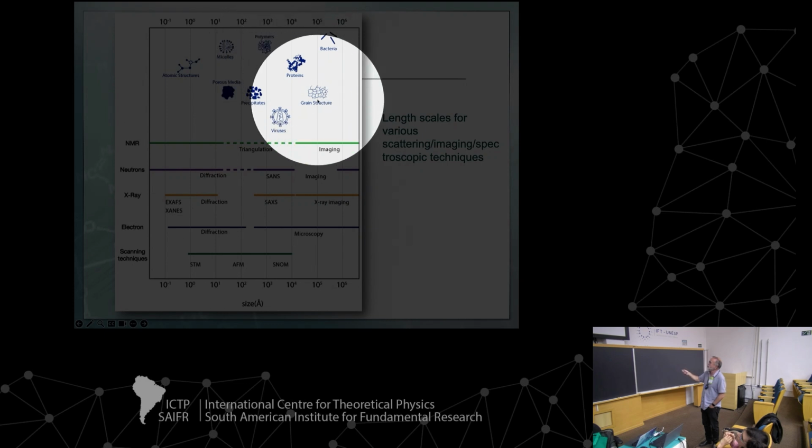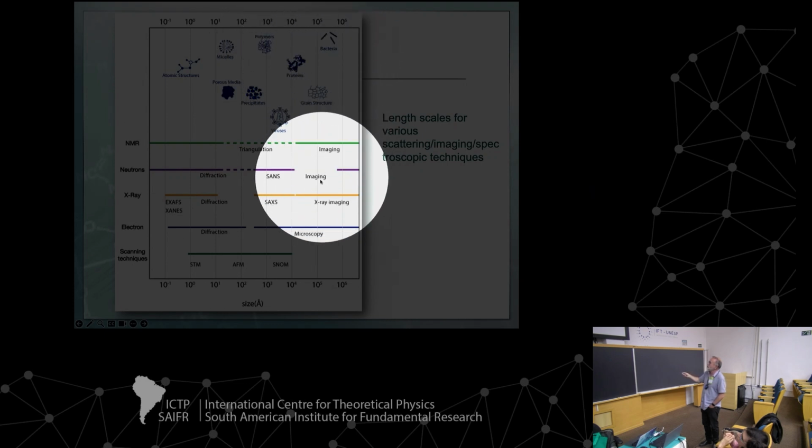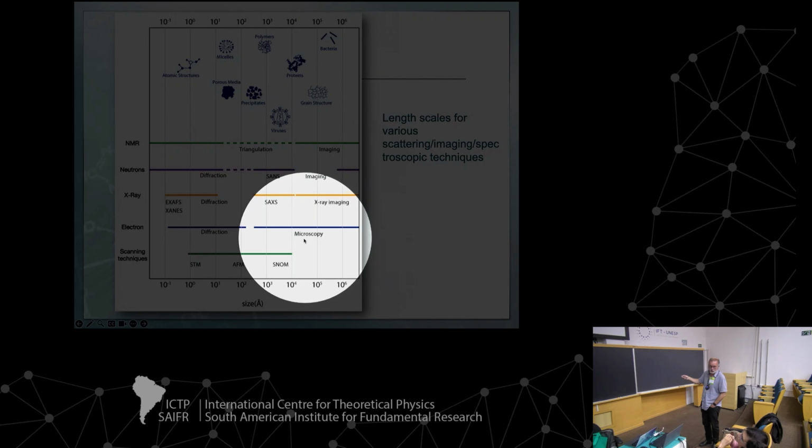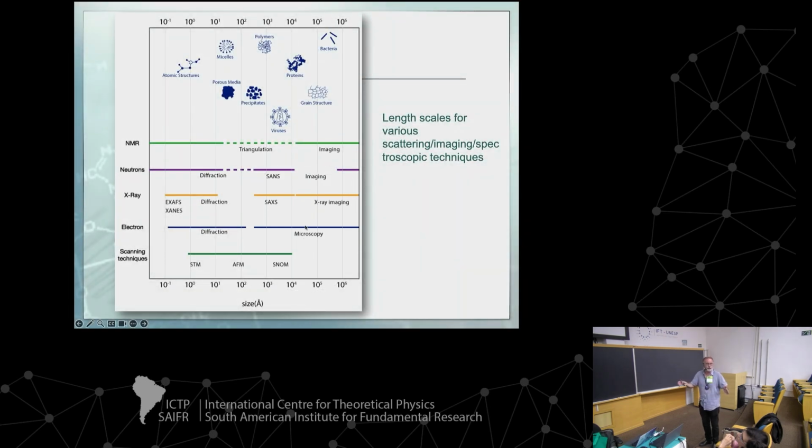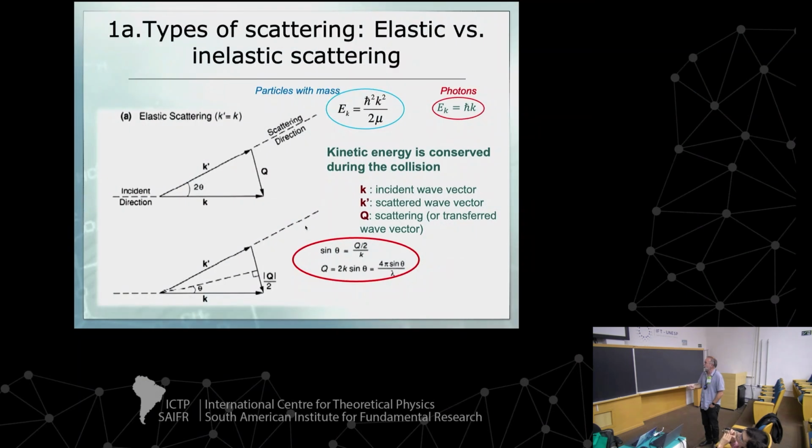When you have proteins, grain structure, bacteria, you have imaging techniques, microscopy, then you enter into the visible light and UV light, or light scattering as well, right? So you have this table, which typically gives you technique and scale, right?